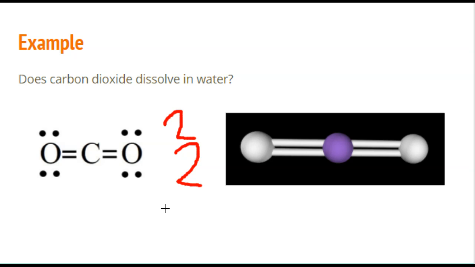This is not polar. Does it dissolve in water? It does not dissolve in water because it is not polar. In order to dissolve in water, it has to be polar. Water's polar, and whatever would dissolve in it is polar. This is not polar.